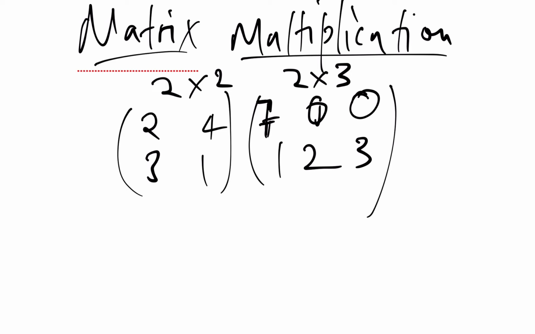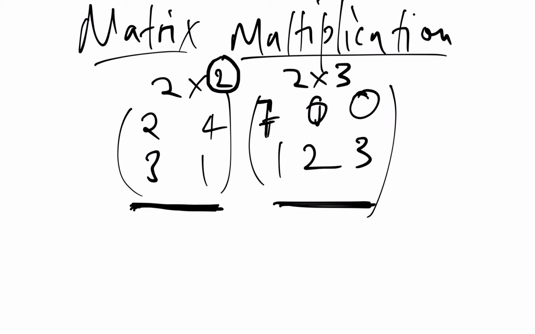For matrix multiplication to be possible, the number of columns of the first matrix, the one on the left, should be equal to the number of rows in the second matrix.